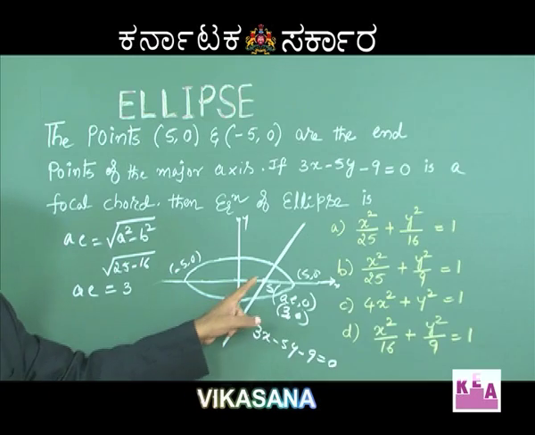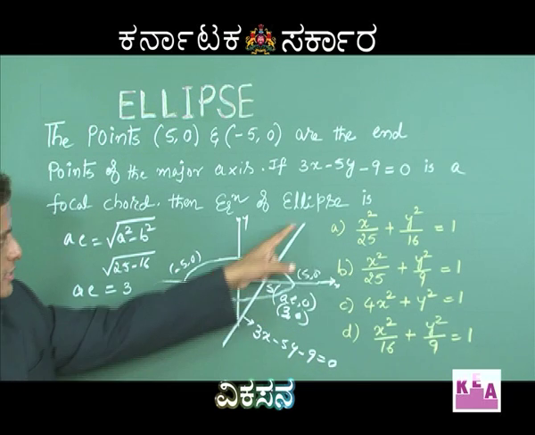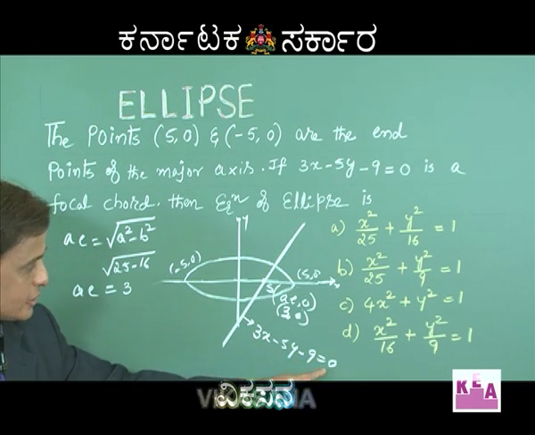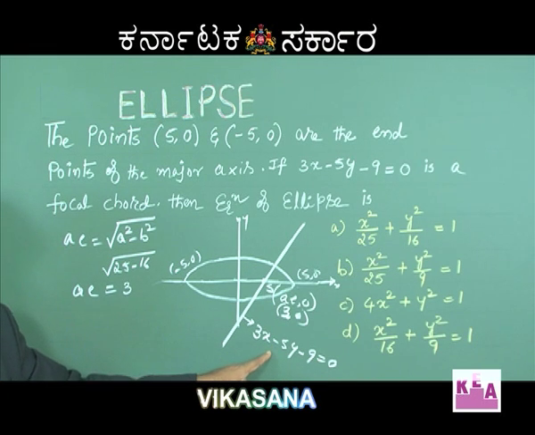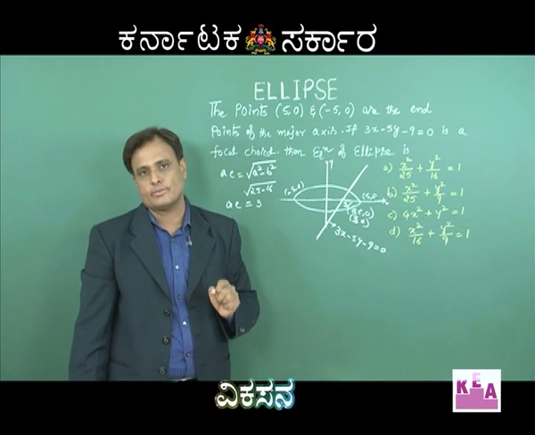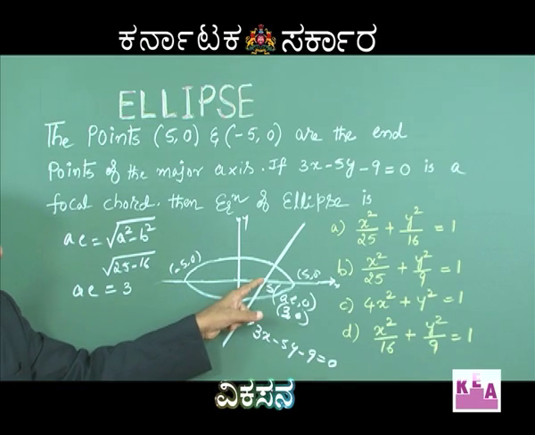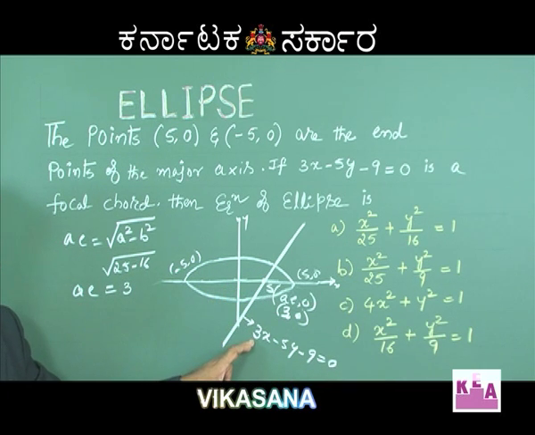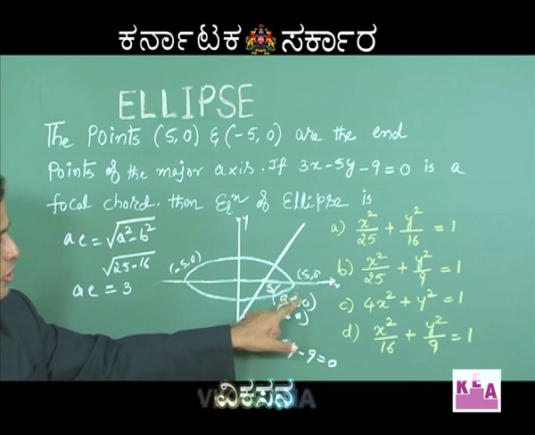Look at this. Since the focus lies on the line 3x - 5y - 9 = 0, because by the data it is the focal chord. Focal chord means it passes through the focus. It is our duty to see whether it satisfies or not. But to check this, we do not know the value of ae.